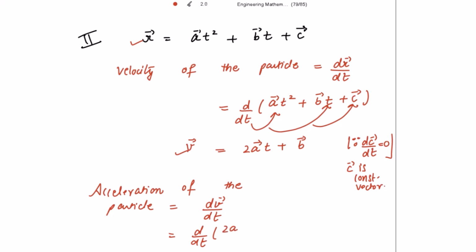Derivating 2at plus b, the first term gives 2a vector. Derivating the second one, because b vector is a constant vector, that is 0. So what we are getting? Twice of a vector, twice of the constant a vector, which means the acceleration is constant. We have shown that the particle is moving with constant acceleration. Okay, thank you.